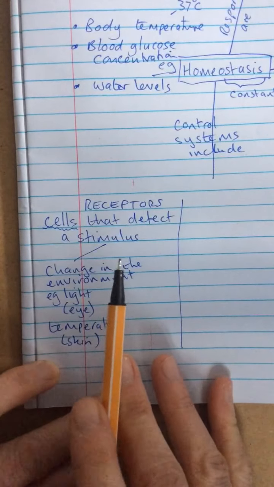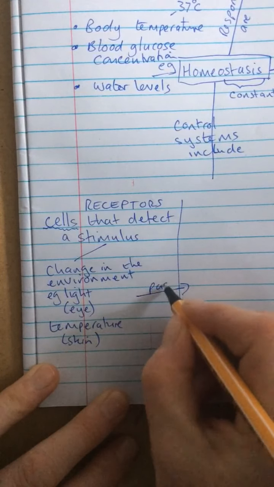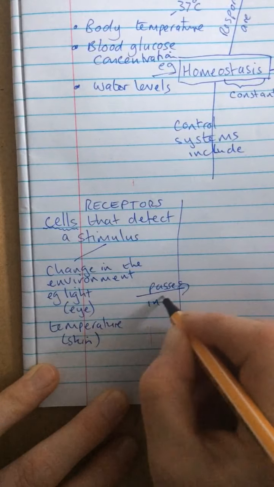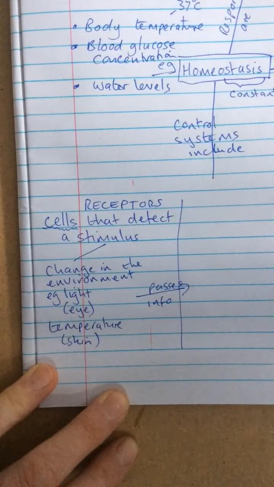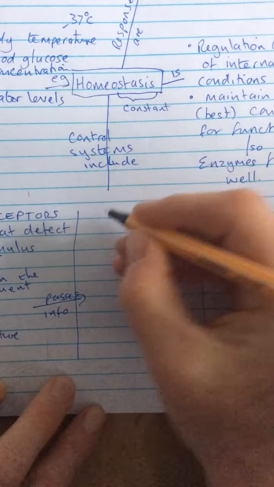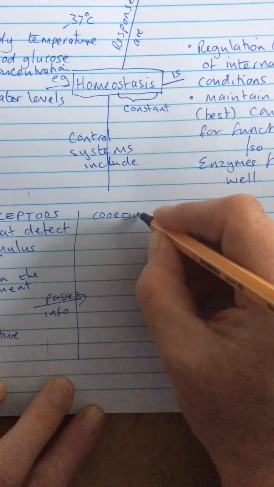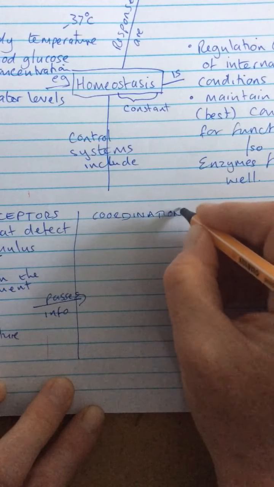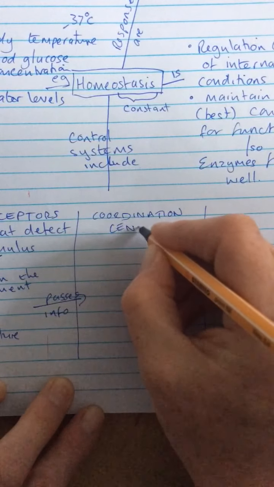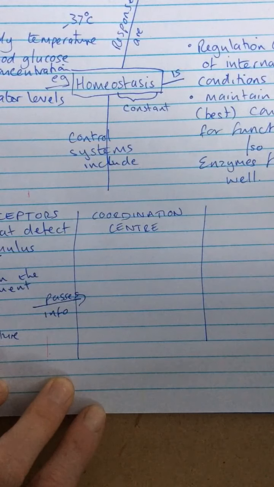That receptor then passes info on to a coordination centre. So you have got the coordination centre, which receives information from receptors.